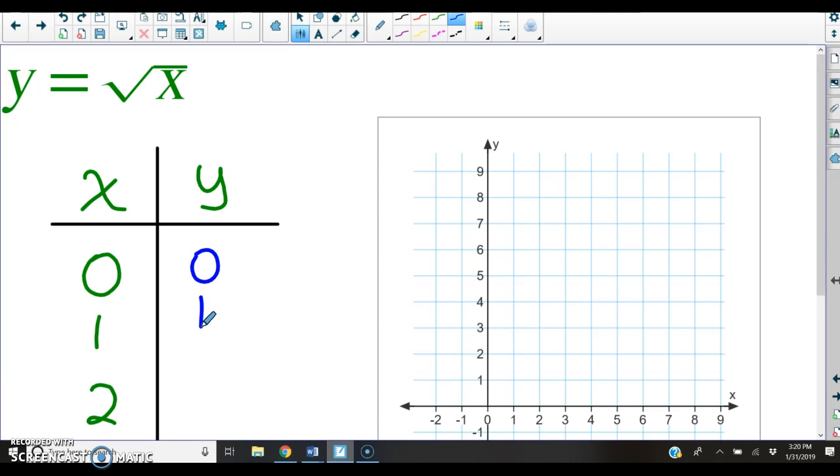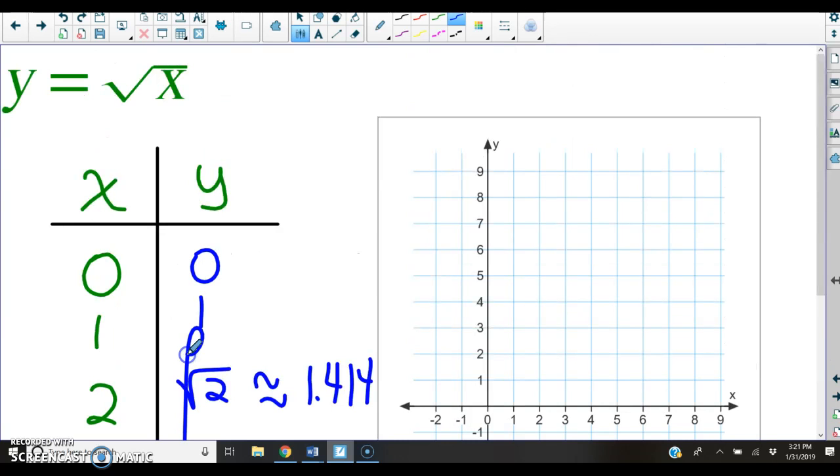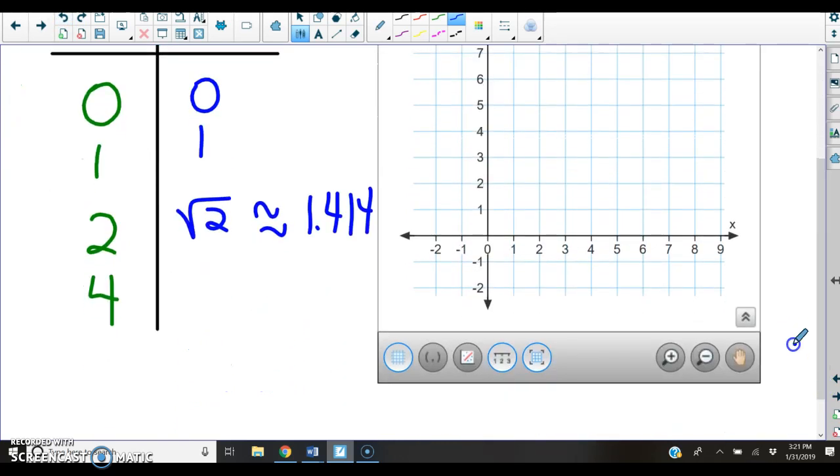Square root of 2 is about 1.414, as you'll know if you do any carpentry, plumbing, or construction work. Then square root of 4 is 2. And another convenient one, square root of 9 is 3.